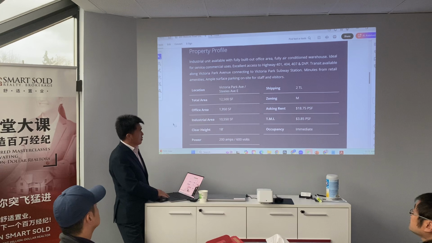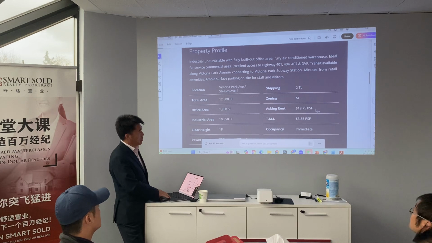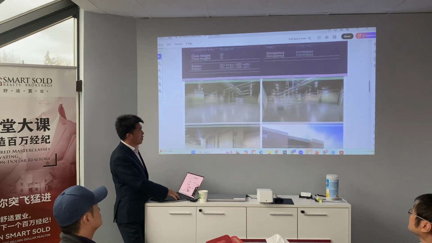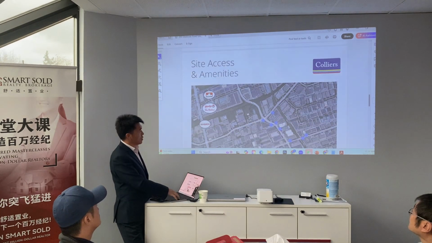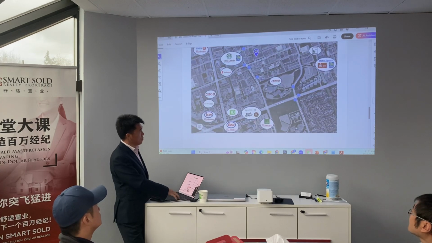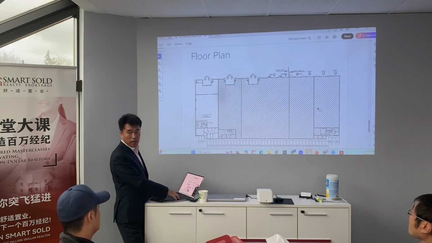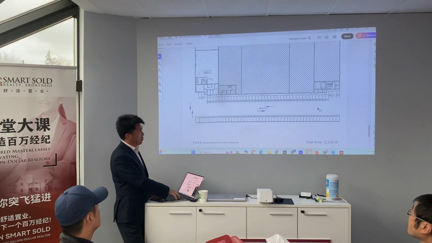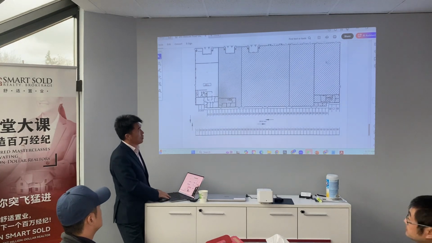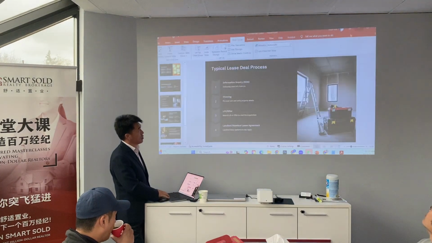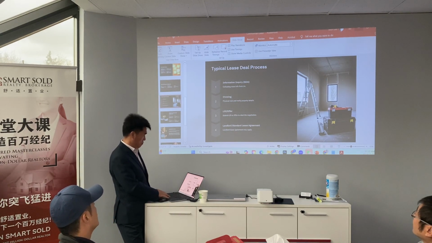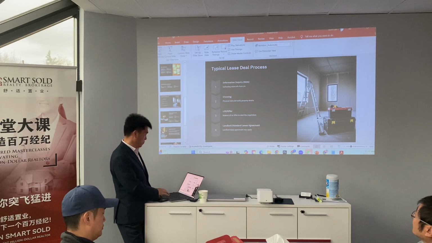It's almost the same, but it defines more clearly: clear height, TMI, asking price, zoning, some pictures, neighborhood, and floor plan. Based on that, your client has very good information to make their decision. I don't know if I have my own one to show you.